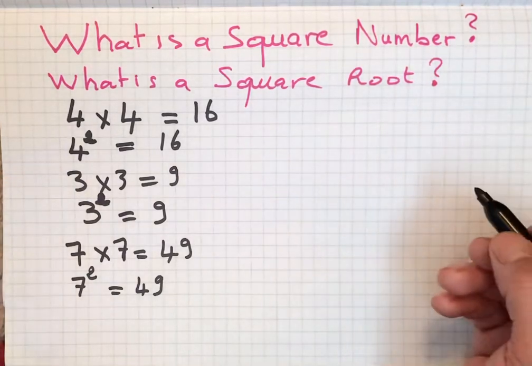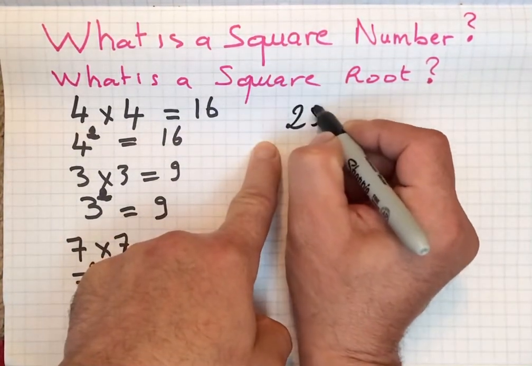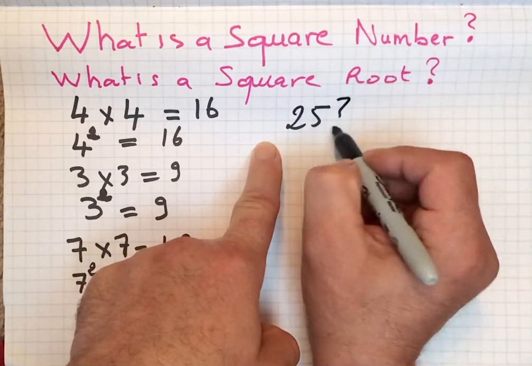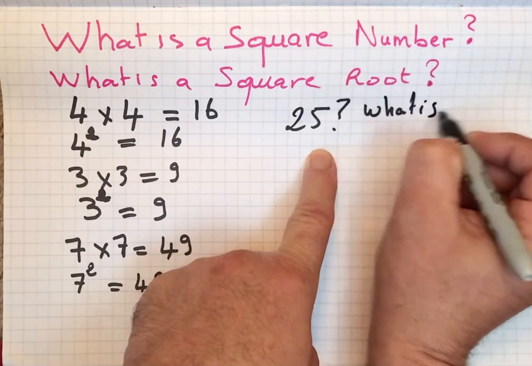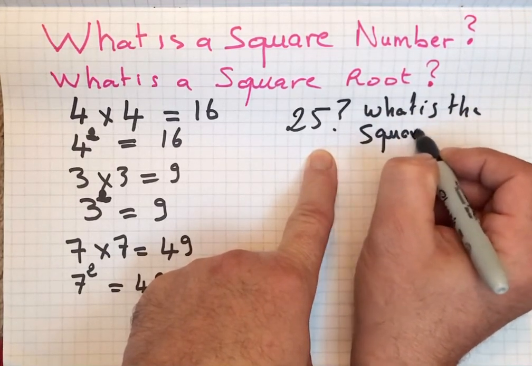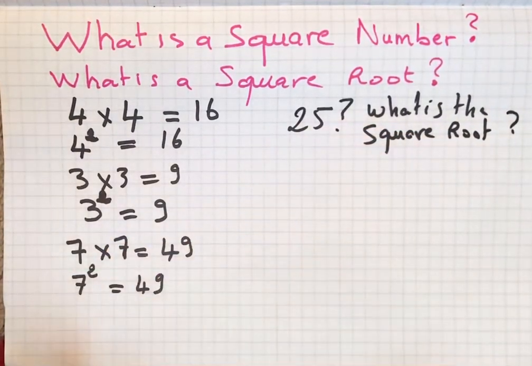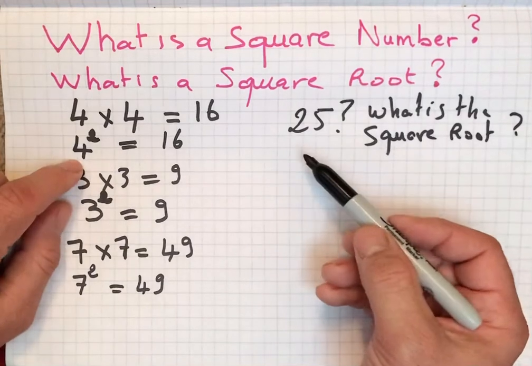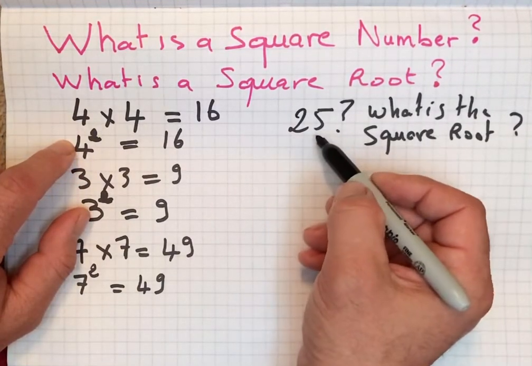An example here. What is the square root of 25? What number did we multiply by itself to get 25? Can you guess it?